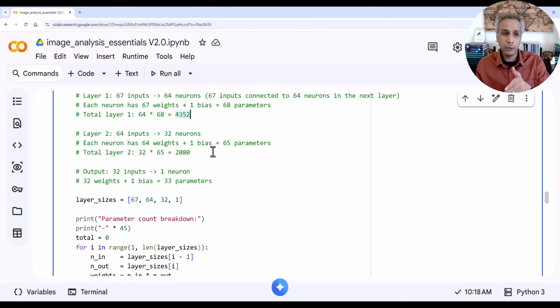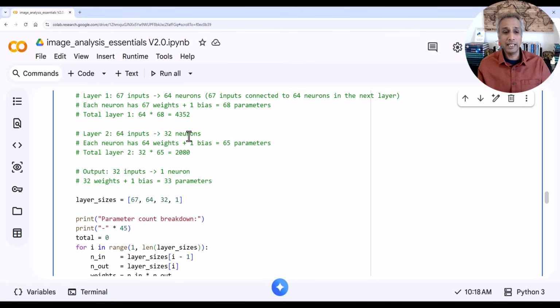Now go to layer 2. Now from first hidden layer, you have 64 neurons connected to 32 neurons. You do the math exactly the same way. 64 plus 1 bias, 65 parameters. 65 multiplied by 32, you have 2,080 parameters right there. And in the output layer, you have 32 inputs that are going to 1 neuron, right? So you have 32 weights plus 1 bias, 33 parameters. You add all of these, and that gives you the total number of parameters.